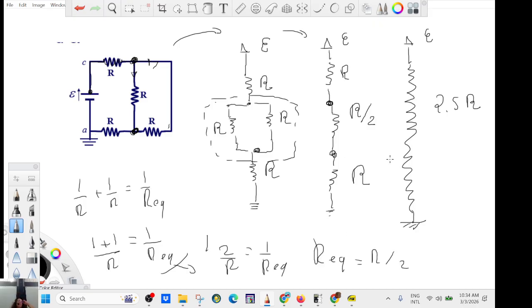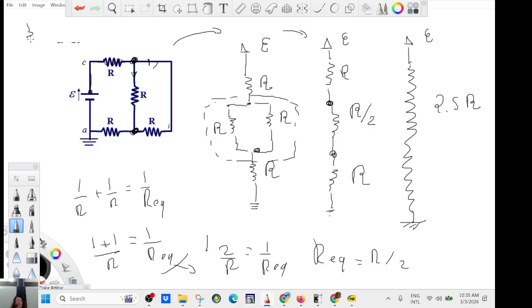Okay, do you agree? So let me give you a trick. If you have resistors in parallel and they are the same, you divide by the number of resistors. So if you have R and R, it's going to be R over 2. If you have R, R, and R in parallel, it's going to be R over 3.